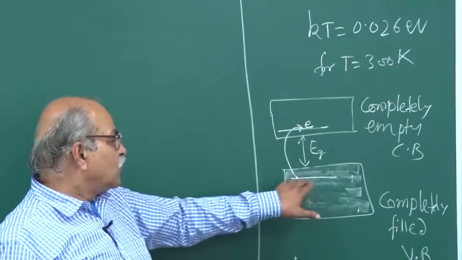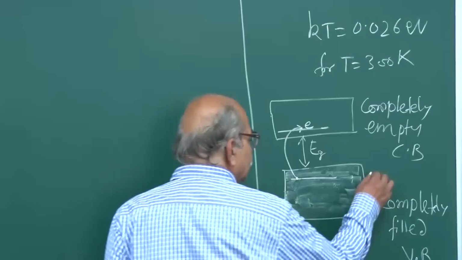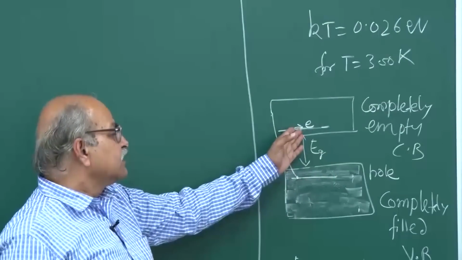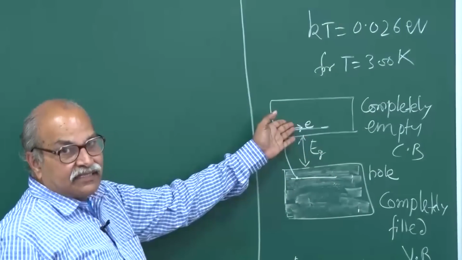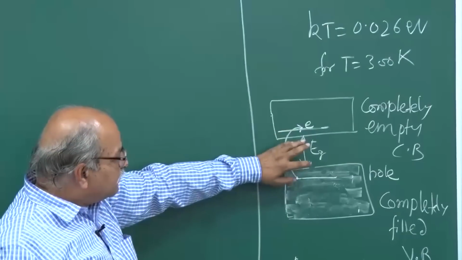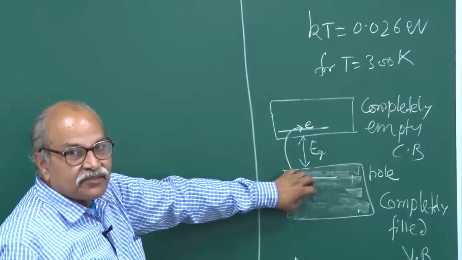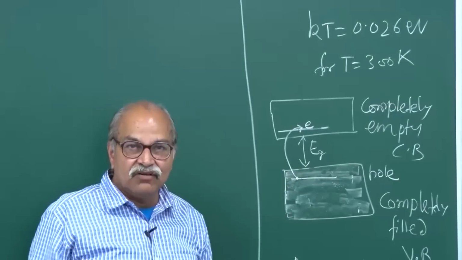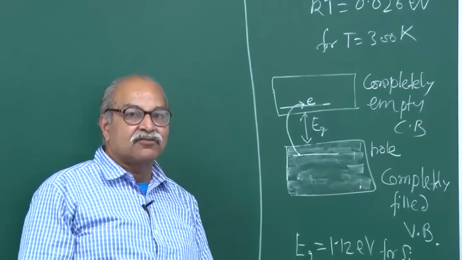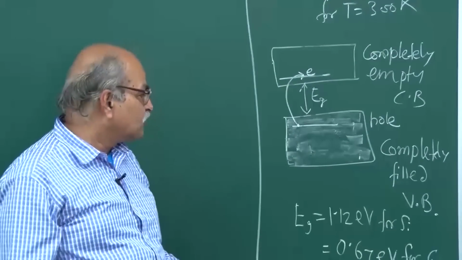In that case, one quantum state here becomes empty, which we call a hole, and one quantum state in the conduction band becomes populated, and at any given temperature you will have some electrons here and some holes here, because thermal interactions are always there at any given temperature. So, energy is taken by the electron, given by the electron. Those kinds of exchanges are always there.